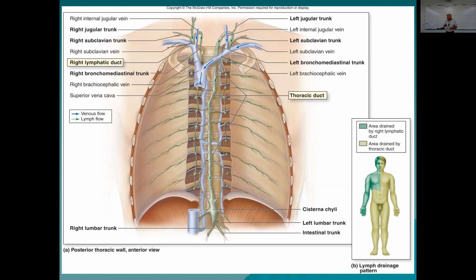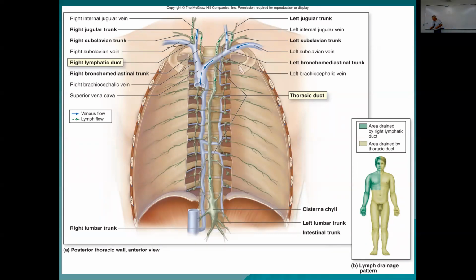And then the lymph flows from that up the left lymphatic duct, which is called the thoracic duct. As you see, this thoracic duct goes superiorly all the way around to the left subclavian vein, and that's where it drains back to the cardiovascular system.